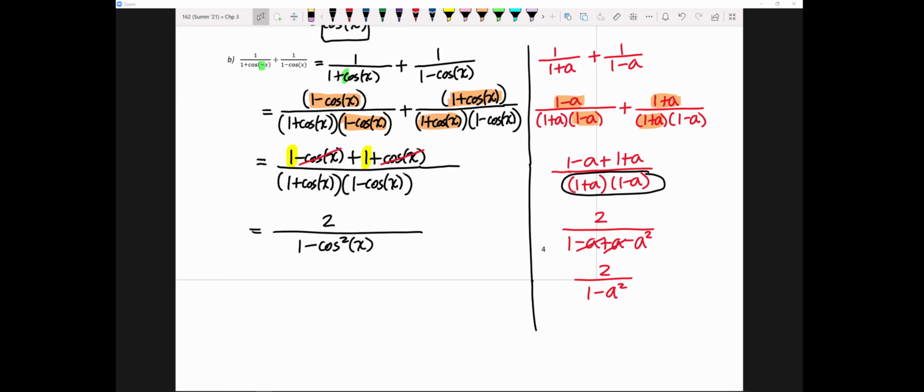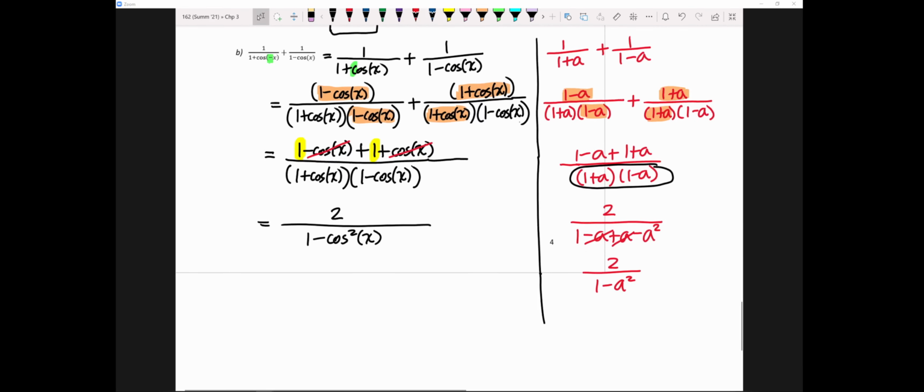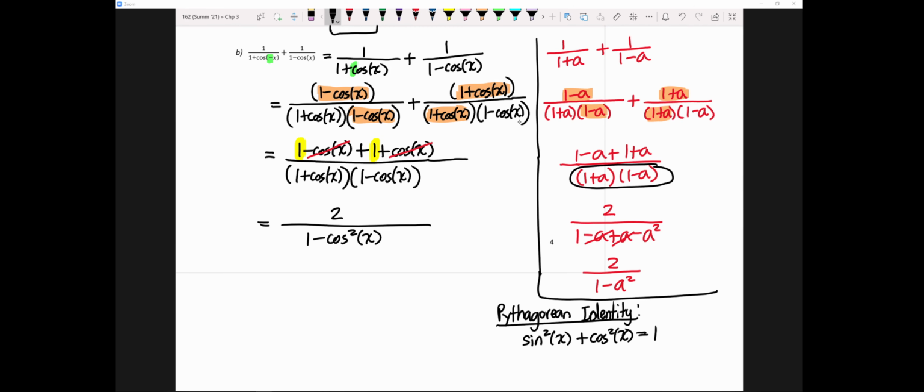Okay. So let's write out the Pythagorean identity that involves sine and cosine. That would be sine squared x plus cosine squared x is equal to 1.